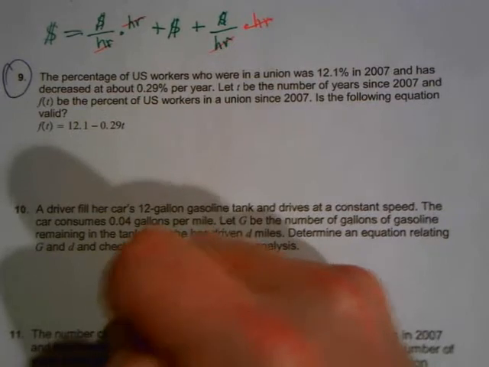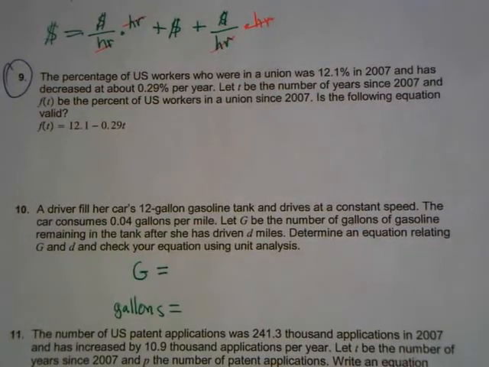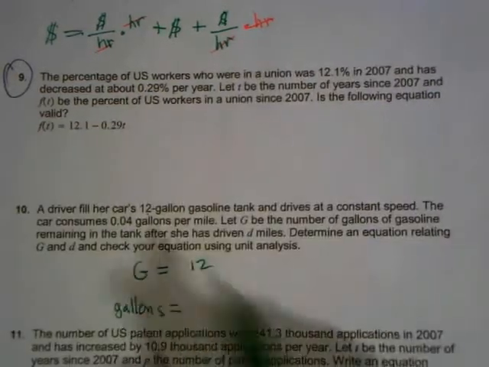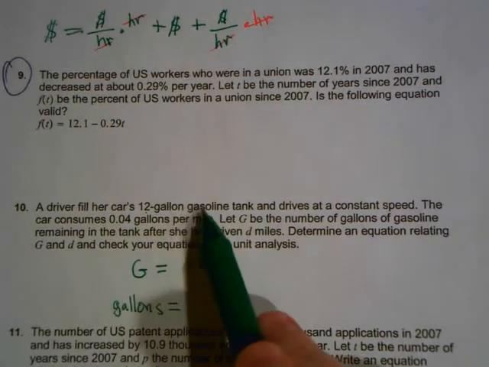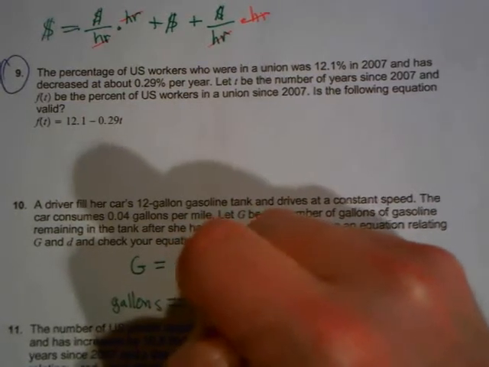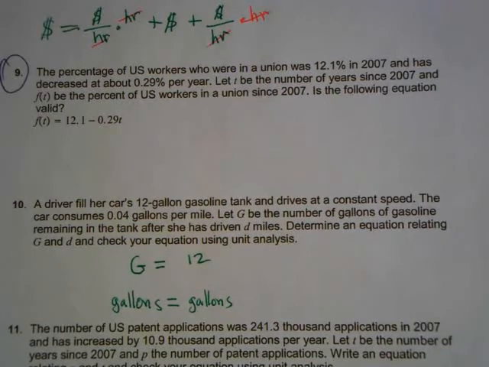So I'm going to start right with units as I go here. So I see the number 12. And what are the units on 12? The driver fills her car's 12-gallon gasoline tank, which means she has 12 gallons of gas. So gallons equals gallons. So far good.